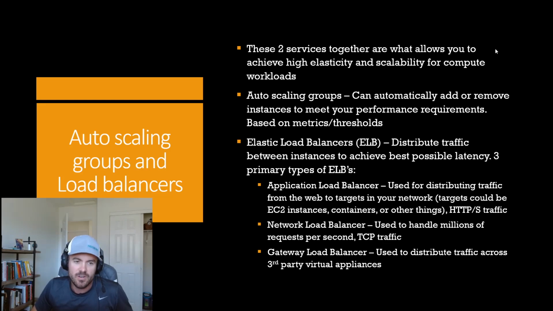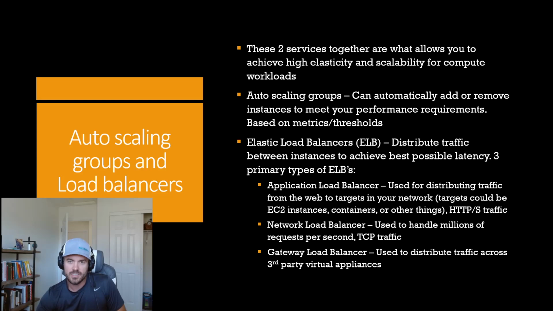So auto scaling groups and load balancers, so your elastic load balancers, work hand in hand, and they are what allow you to achieve high elasticity and scalability for your compute workloads. Okay, two very important concepts and selling points of cloud computing. All right. So auto scaling groups can automatically add or remove instances to meet your performance requirements.